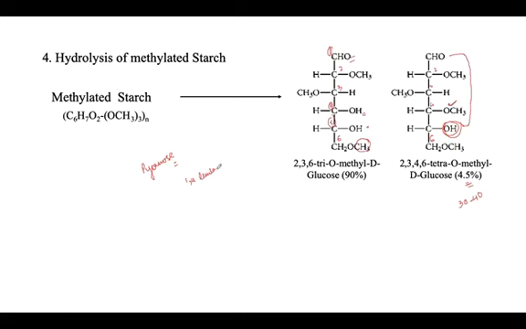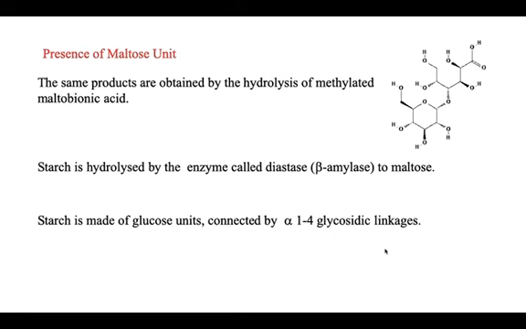And since the 4.5% of the 2,3,4,6 tetramethyl-D-glucose comes from the non-reducing end of the chain, it shows that the chain length should be around 30 to 40 glucose units.